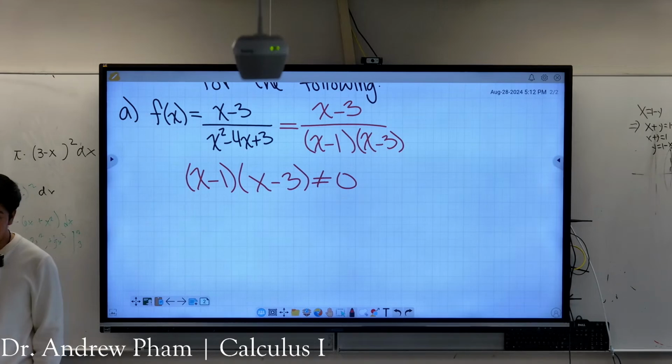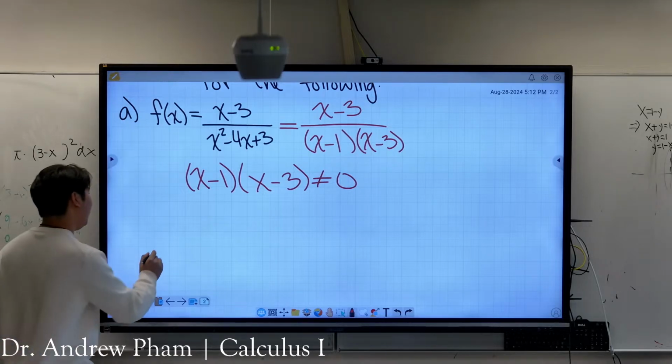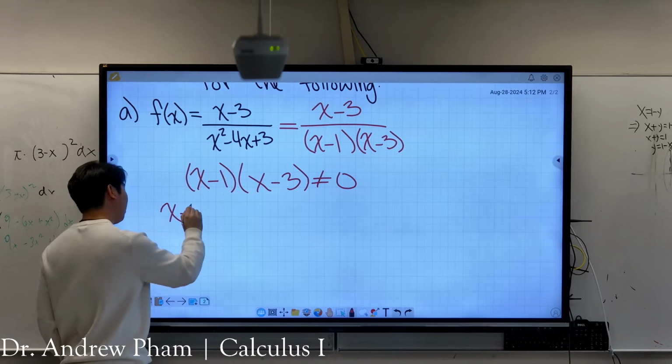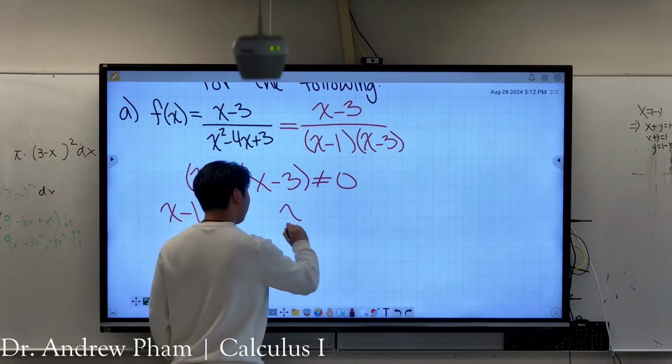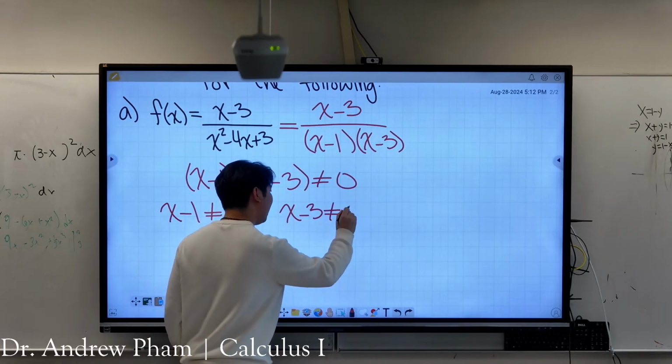Because if it is 0, we have a problem. Well, from here, I can go ahead and try to do some algebra. I have something that's factored. I can say, then, I want x minus 1 is not 0, and x minus 3 is also not 0.